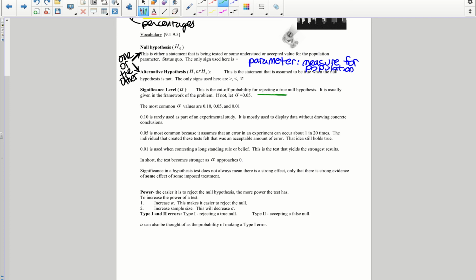So a legitimate question might be, why on earth would you reject something that's true? All right. Well, you shouldn't. What we want is we want this probability to be very small.